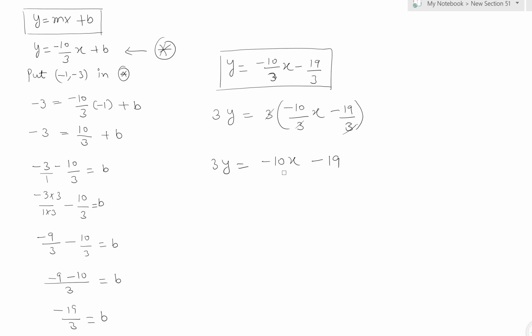This negative 10x, when you move it from the right to the left hand side, turns into plus 10x, and this 3y is gonna stay there, and when you move negative 19 to the left side, it's gonna be plus 19 equals 0. So that's the same line, but in a different form. They represent the same graph, but the forms are different.